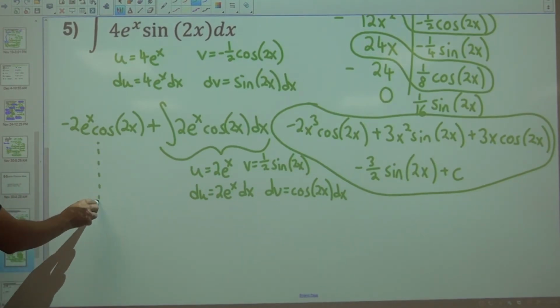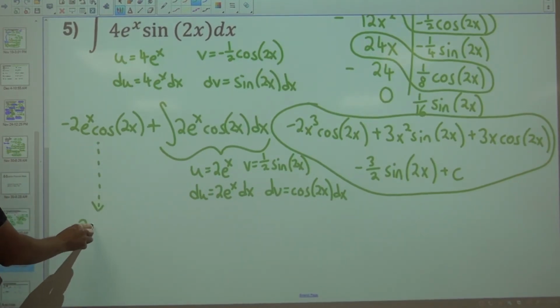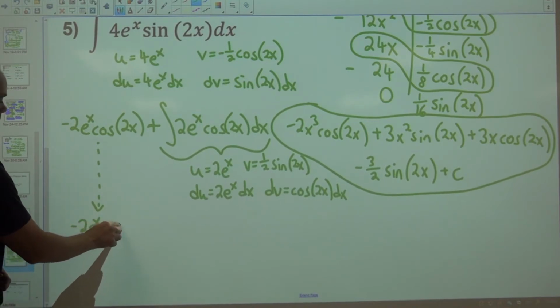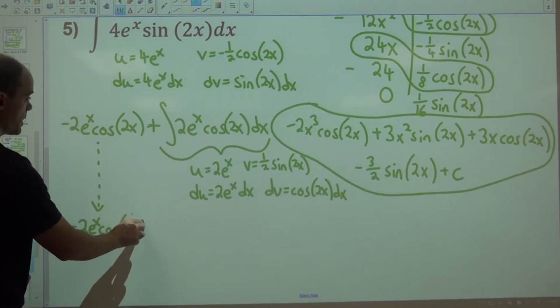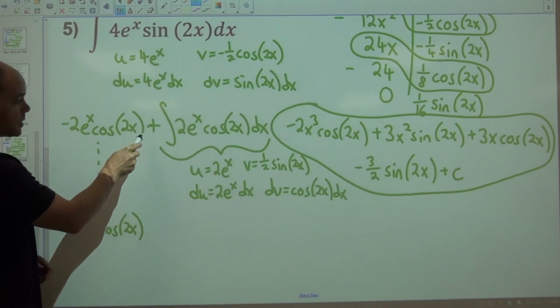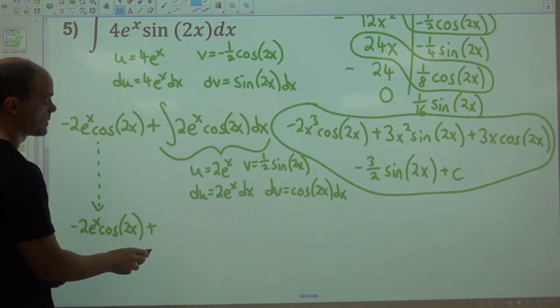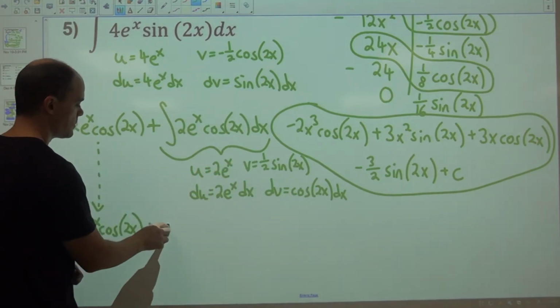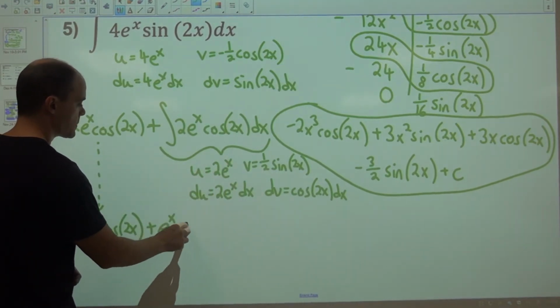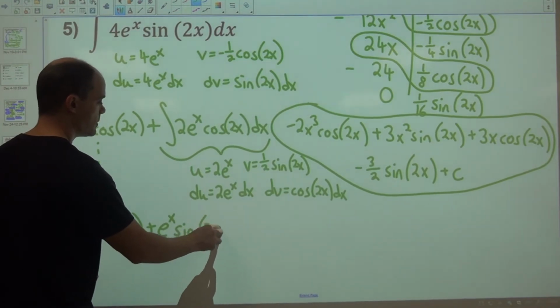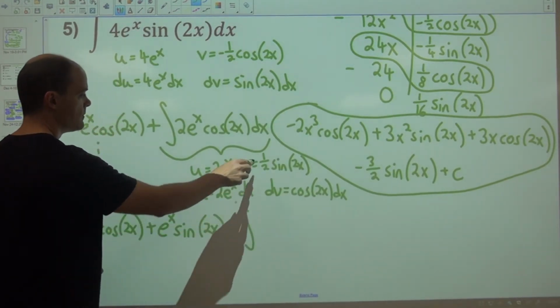And now we fill in our parts problem one more time. Let's bring this guy down. Negative 2 e to the x cosine of 2x. This is now plus, but when I do uv, it's still plus. Fantastic. 2 and 1/2 cancel. E to the x sine of 2x minus v du.